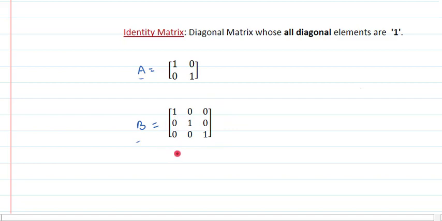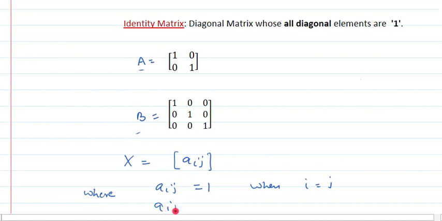So an identity matrix in general can be defined as X is equal to Aij, where Aij is equal to 1 when i is equal to j and Aij is equal to 0 when i is not equal to j.